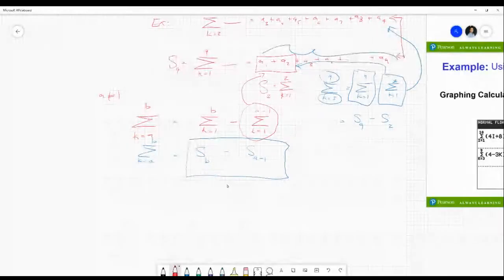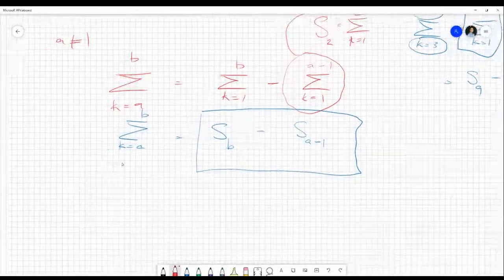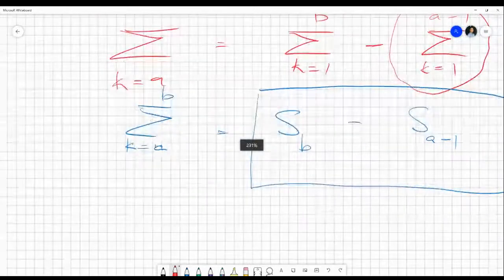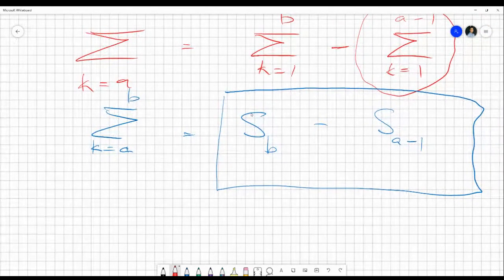Let me go back here. Right, so practice understanding this formula here. Okay, so if the starting value is not 1, it is not a series from 1, but we can always use a series by using this here.